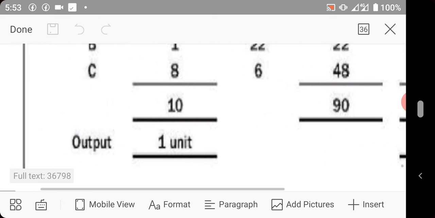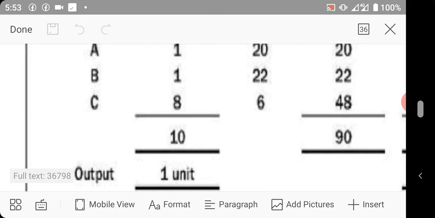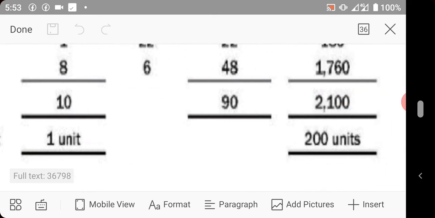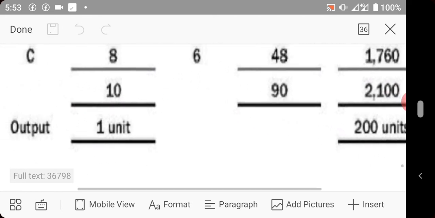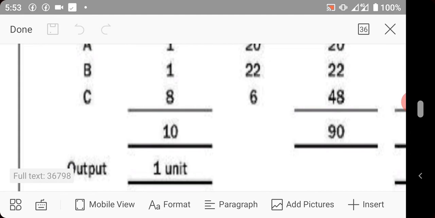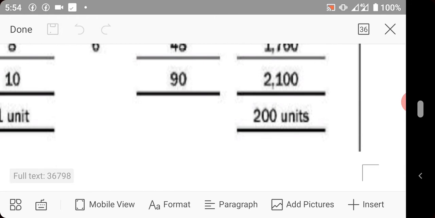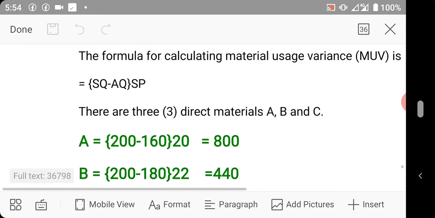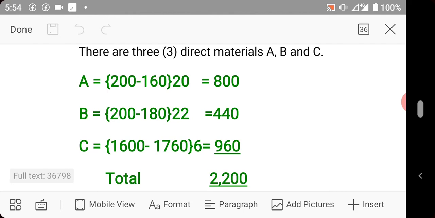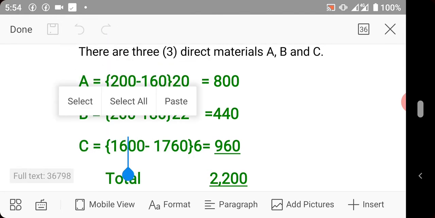That will give you 200. For material B, 1 kilo per unit times units produced, that will give you 200. For material C, 8 kilo per unit times 200, that will give you 1,600. So you substitute it here: 200, 200, 1,600. So you know how it was gotten.